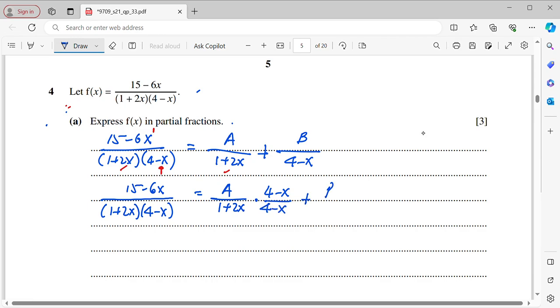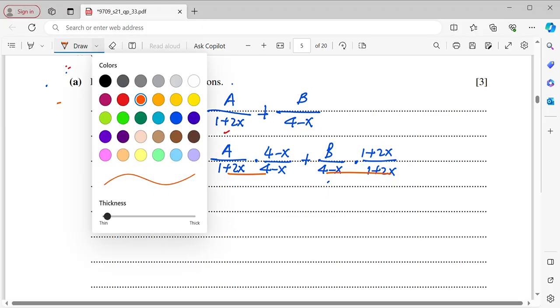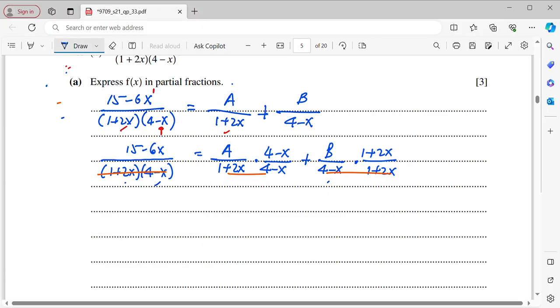Plus b over 4 minus x. Then I need to times with 1 plus 2x for the second rational function. Then now, by looking at the denominators on the left and right hand side, they are the same now, so we can just cancel them. Then you will just write down the numerators. So 15 minus 6x equals to a multiplied with 4 minus x plus b multiplied with 1 plus 2x.